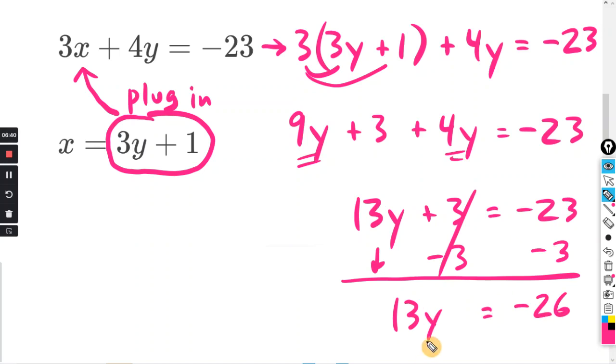Here we have y times 13. The opposite of times 13 is divided by 13. Okay, you do that to both sides. 13 divided by 13 is just 1. And negative 26 divided by 13 is negative 2. So y equals negative 2.